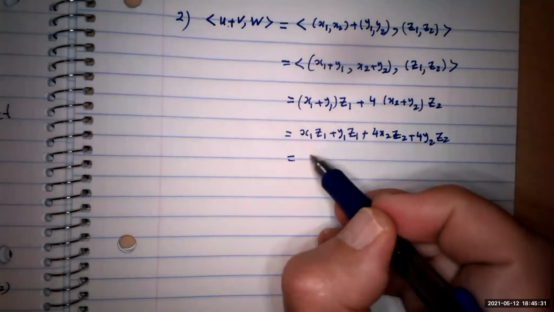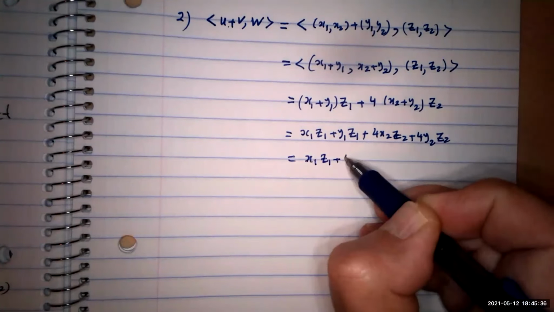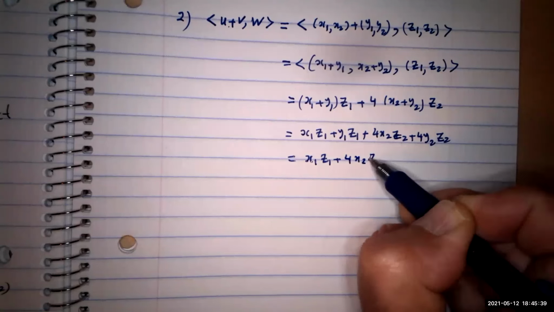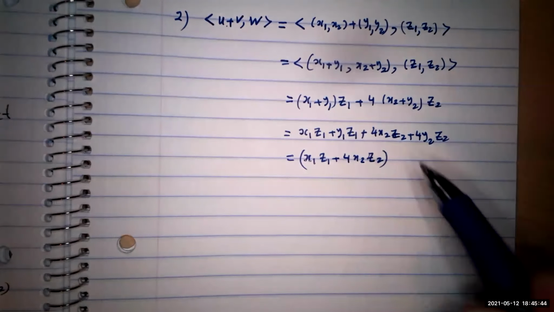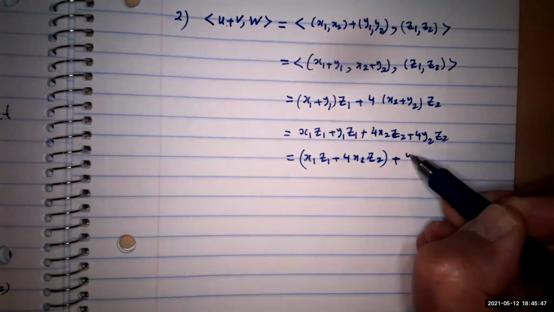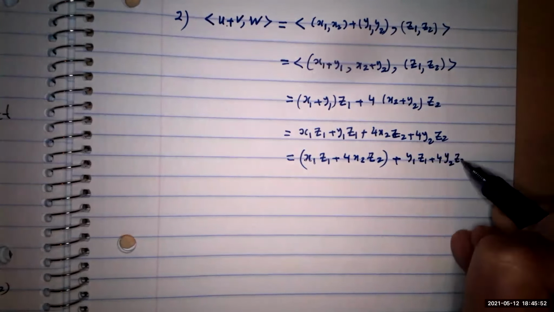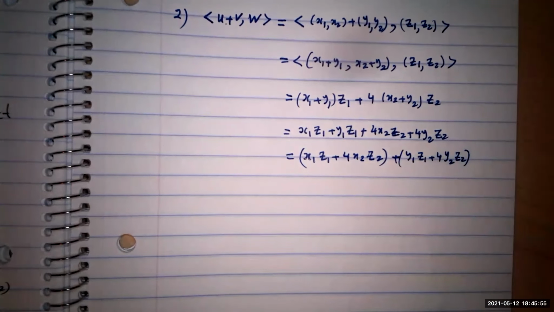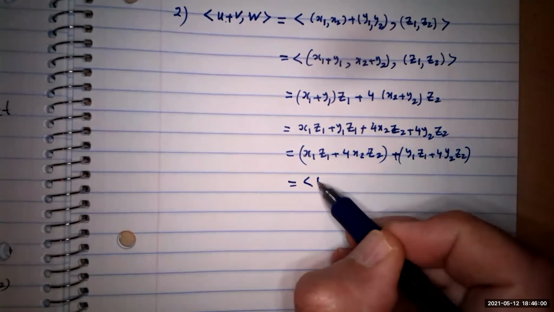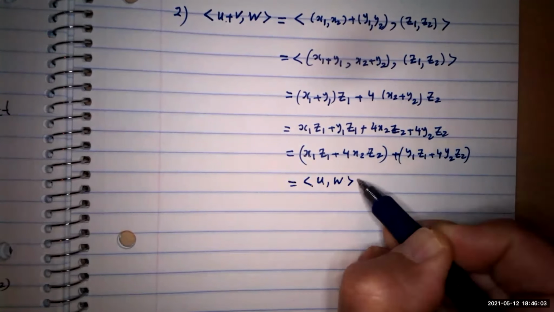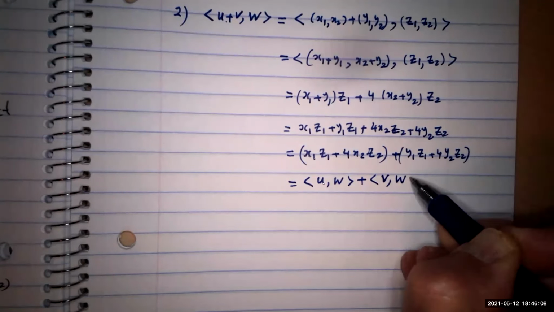So you have x1 z1 plus 4 x2 z2, and that will give you the inner product of u and w. And the other one, y1 z1 plus 4 y2 z2, gives you exactly the definition of the inner product of v and w.